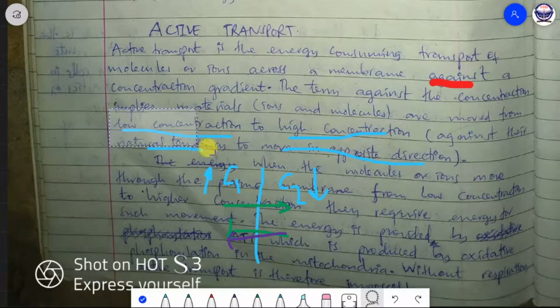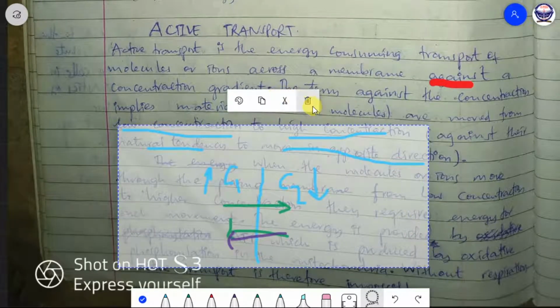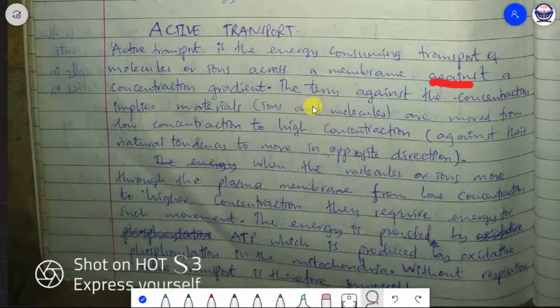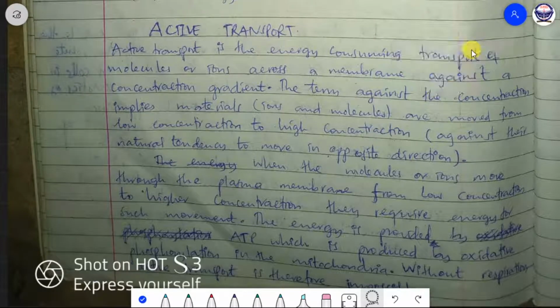In the discussion of active transport, it is very important to remember that we will be discussing the movement of materials against the concentration gradient, which is the chemical gradient, but also the movement of materials against the electrical gradient.